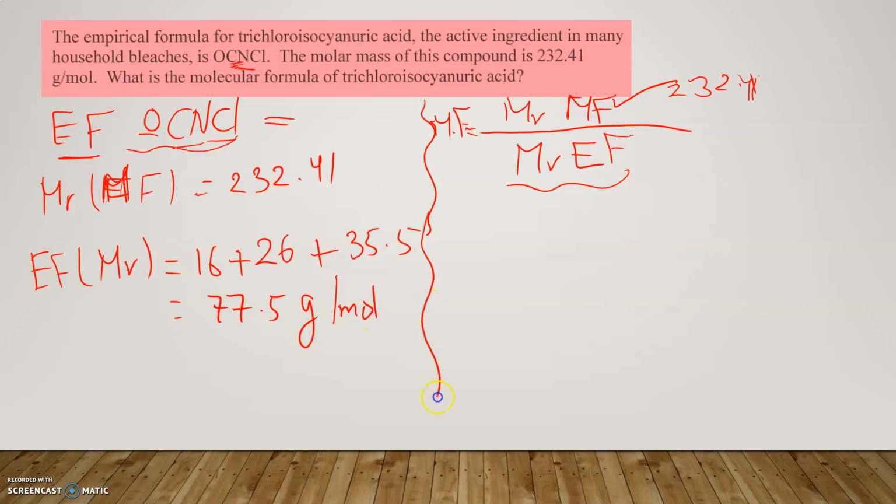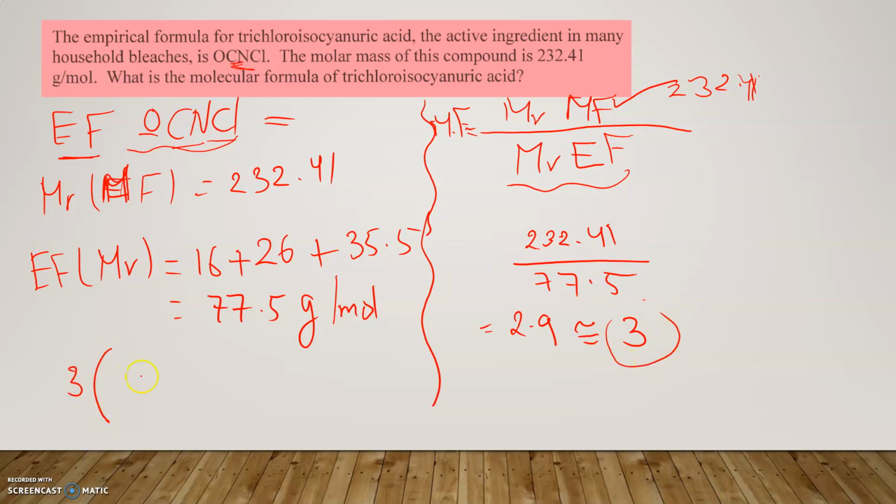Now all you have to do is divide 232.41 by 77.5, and there you have it, it's 2.9, rounded it's 3. So all you have to do is multiply that number into the compound.